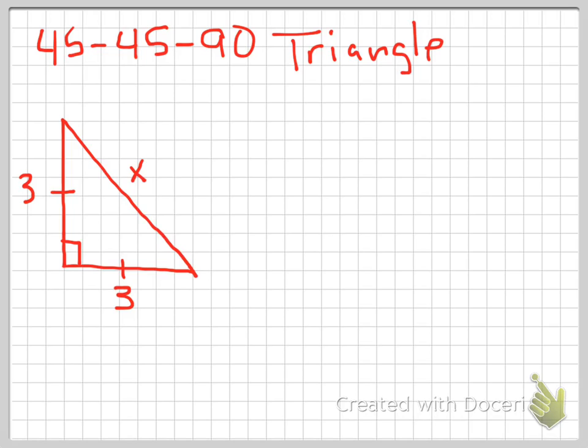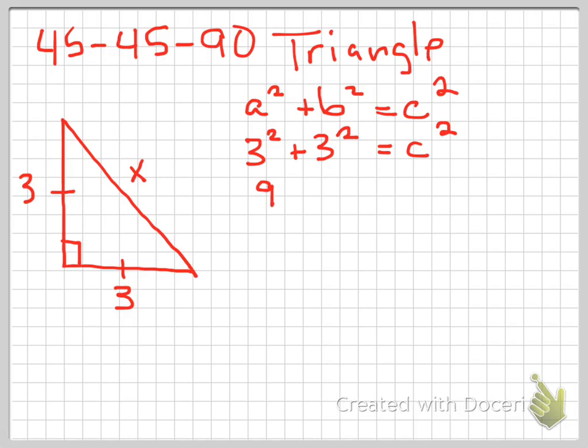Use the Pythagorean theorem, which is a squared plus b squared equals c squared. So you have 3 squared plus 3 squared equals c squared. 9 plus 9 equals c squared. Then 18 equals c squared.